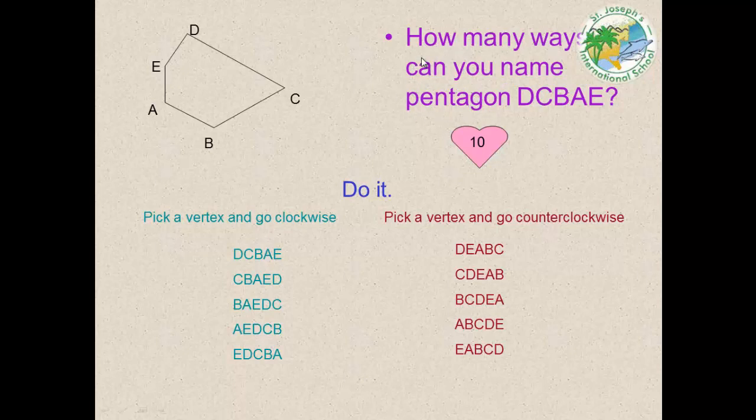How many sides in the pentagon? 5. I ask you, the number of sides of a pentagon is 5. But how many ways can you name the pentagon? 10 ways. 5 ways and 5 ways. 10 ways the pentagon can be named. DCBAE. Fine.